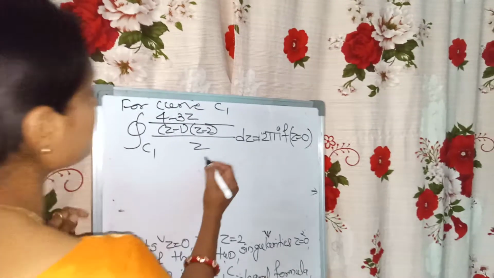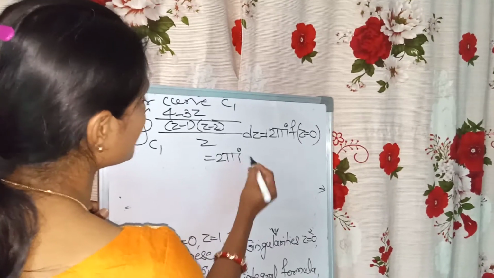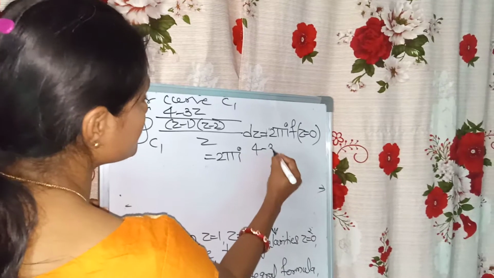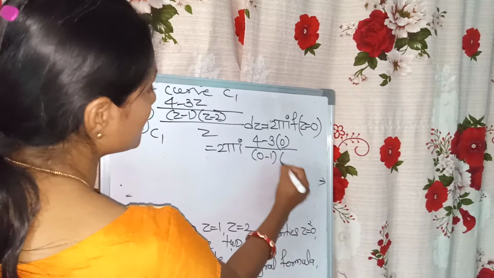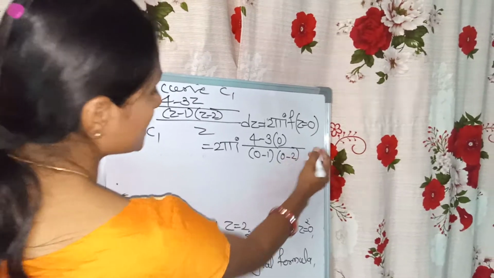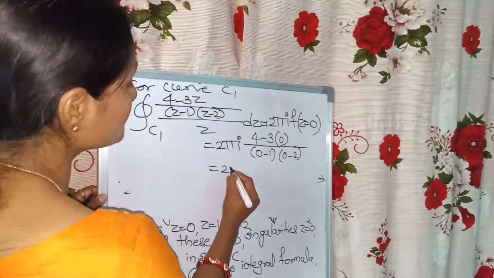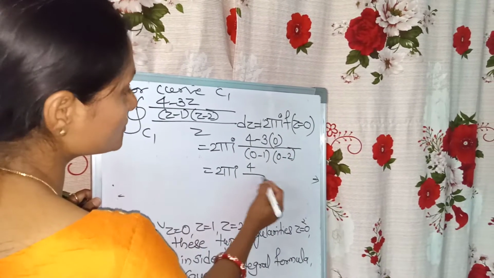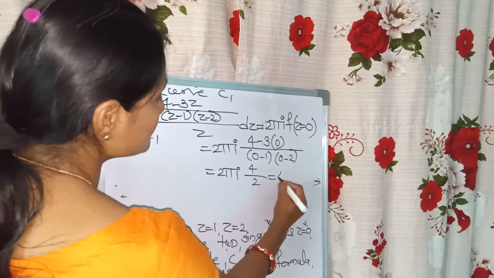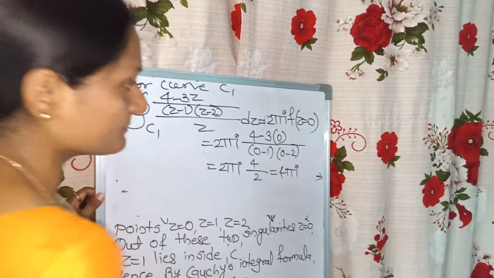So I will write this value to be equal to 2 pi i into (4 minus 3 into 0) divided by (0 minus 1) into (0 minus 2). Let us calculate the value. So this will be 2 pi i into 4 divided by minus 1 into minus 2, that will be plus 2. So this value will be simply 4 pi i.